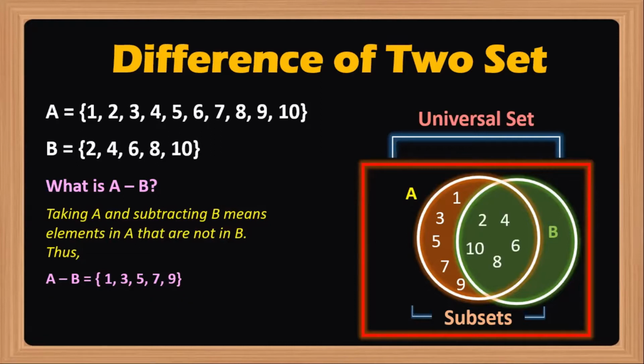I'll repeat. When we talk about A minus B, it means elements in A that are not in B, or in other way around, we just remove the elements in B. Remove lang natin yung elements in B. Ano po yung natira?